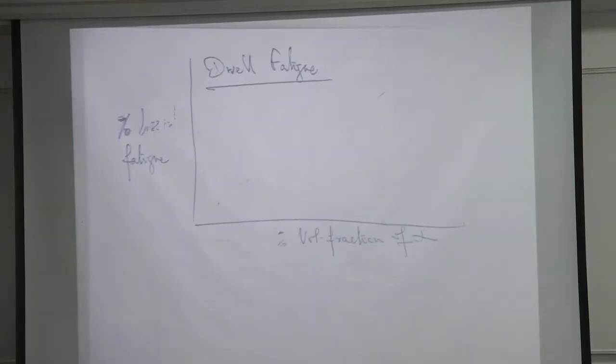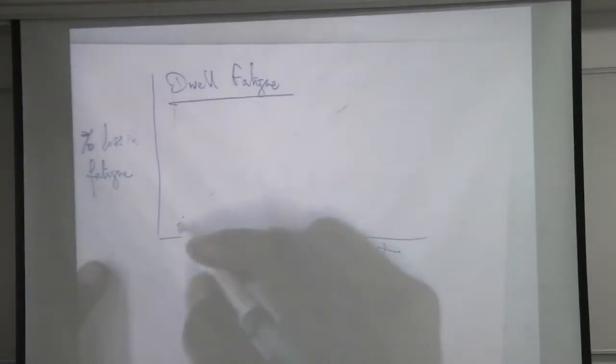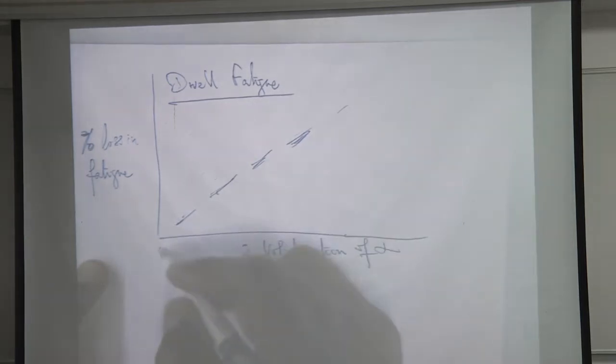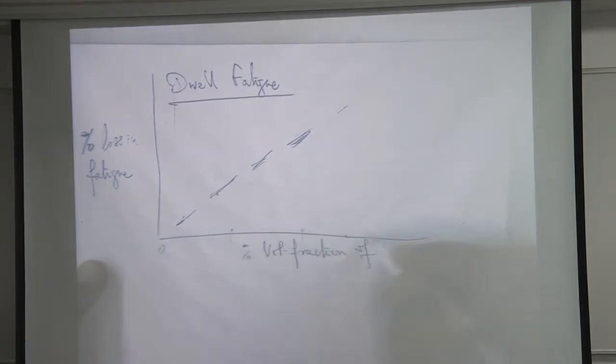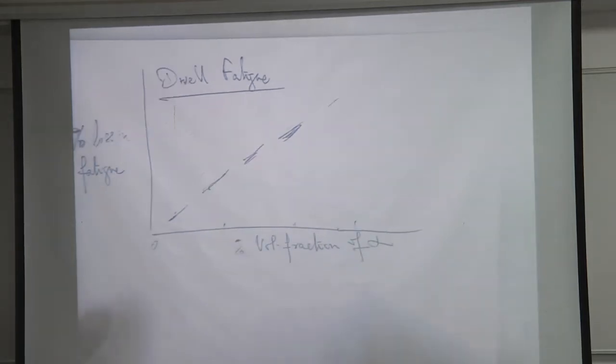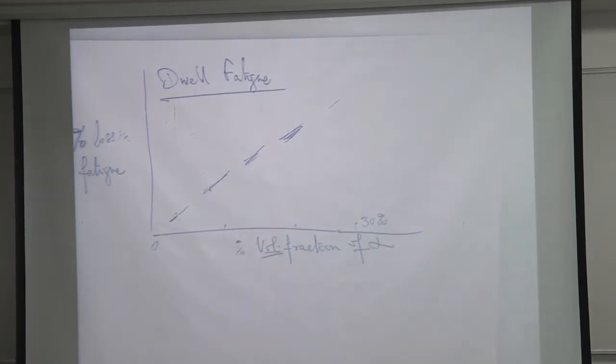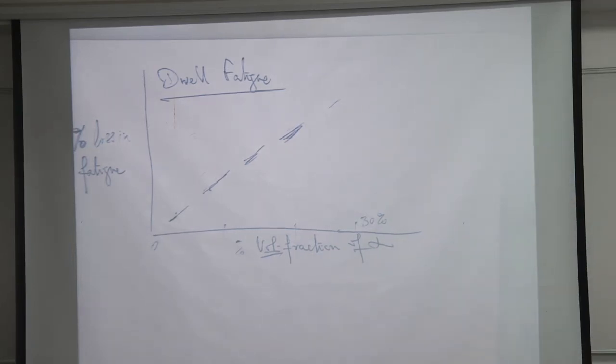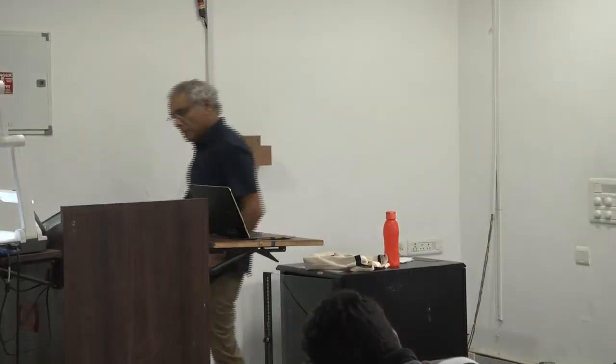I don't know exactly if it will be like this or like that. So just so that we don't take a risk, we'll just stop it here somewhere. Maybe 20, 30, okay? Volume fraction. So something like that. So the more alpha you have, the more you will lose in the dwell fatigue, right?